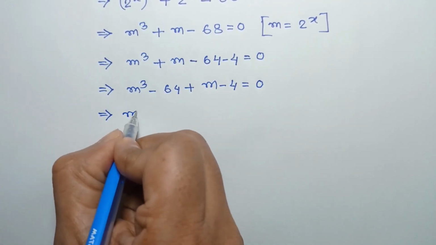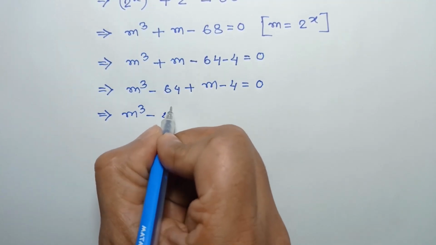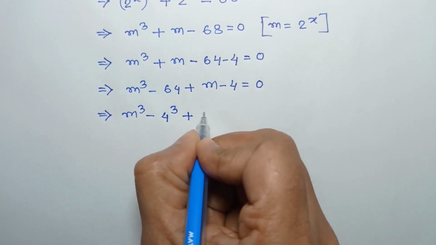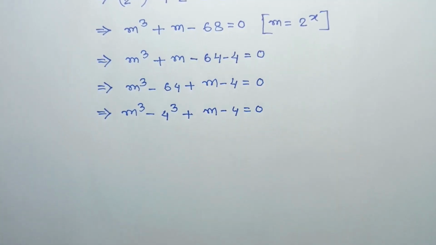Or m cube minus 64 is 4 cube, plus m minus 4 is equal to 0.